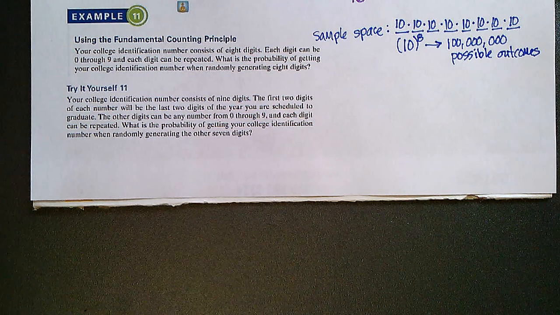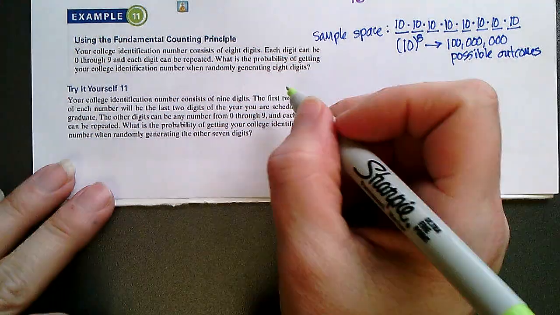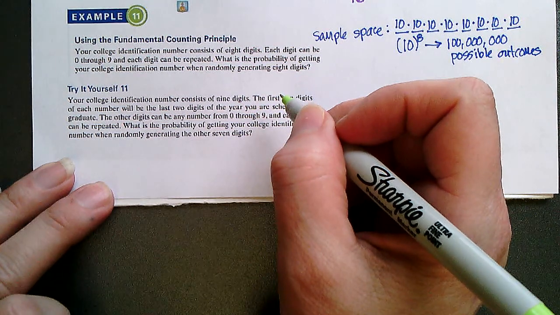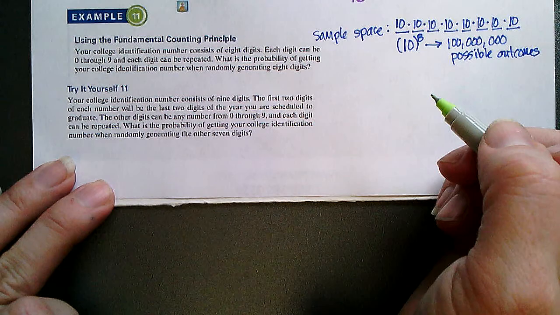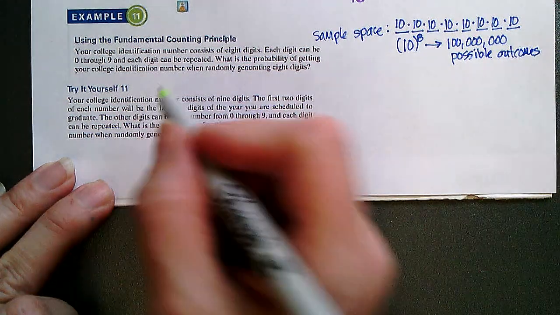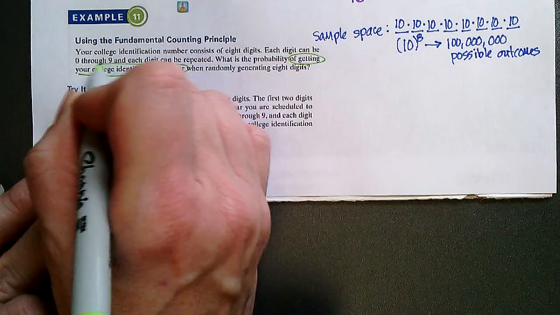So when we're looking at probability, remember, probability is going to be the number of outcomes in our event divided by the total number of outcomes in the sample space. Well, the event is getting your college identification number.